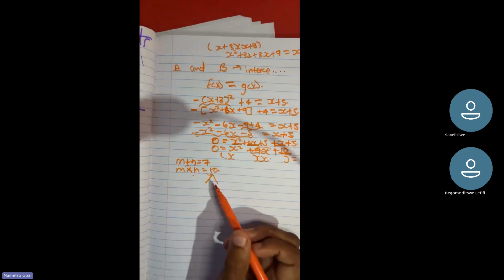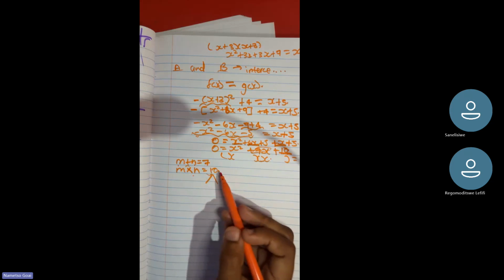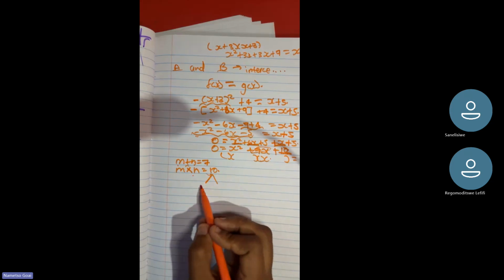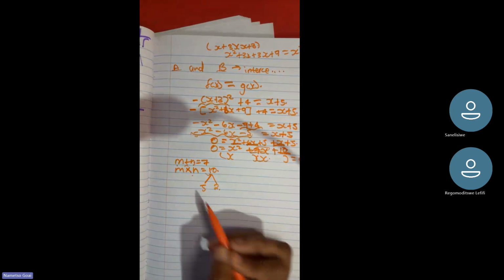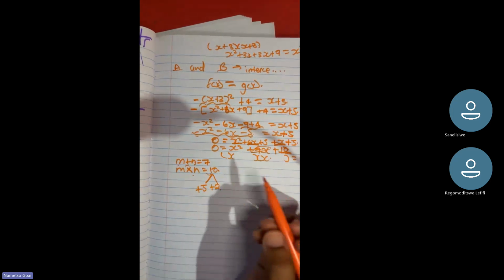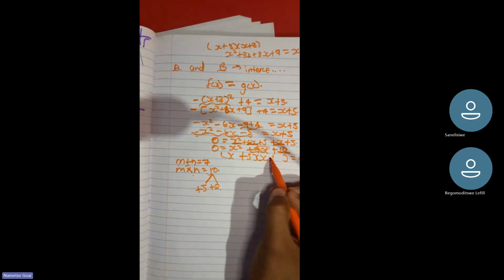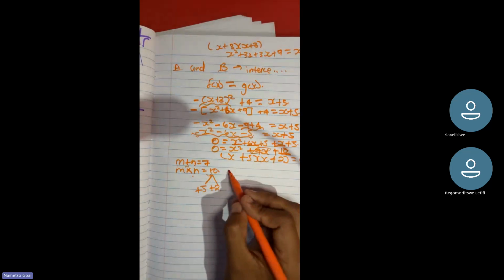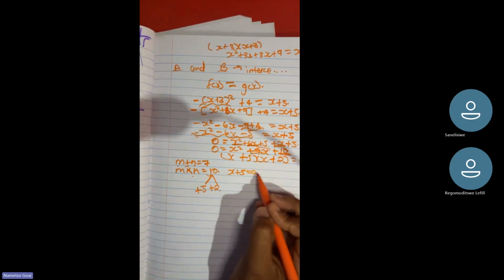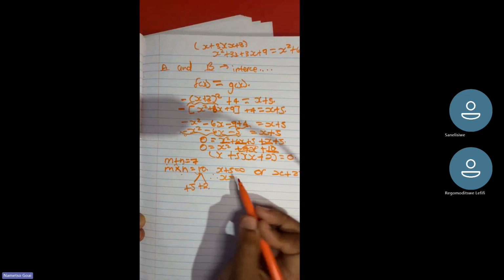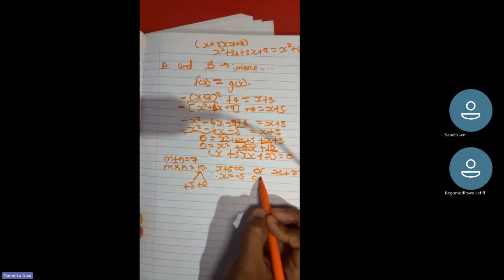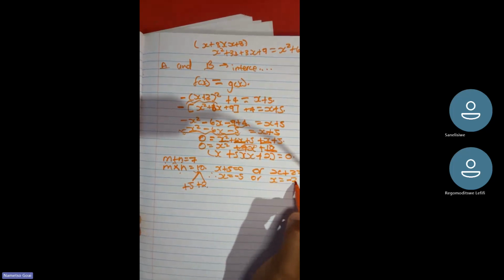So the two numbers that add to 7 and multiply to 10 are 5 and 2. So we have plus 5 and plus 2. Now we can say x plus 5 equals 0, or x plus 2 equals 0. Therefore, x will be equal to negative 5, or x will be equal to negative 2.